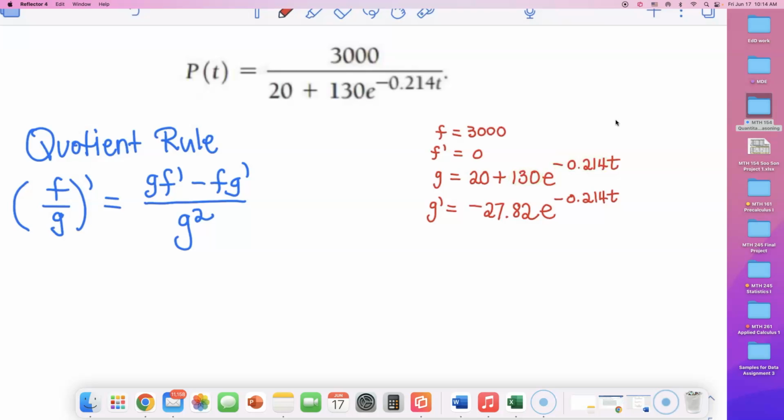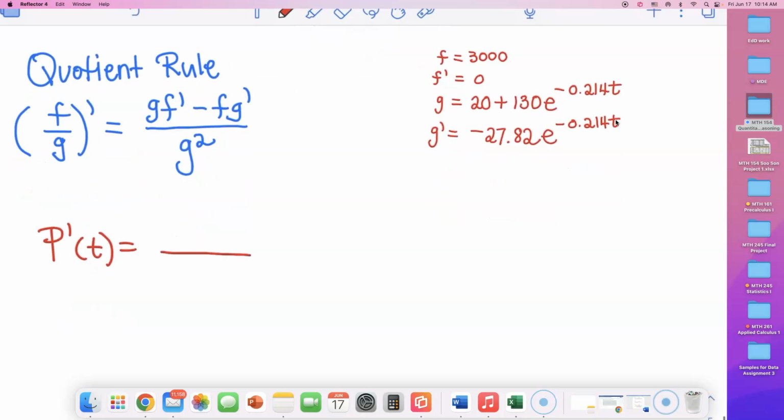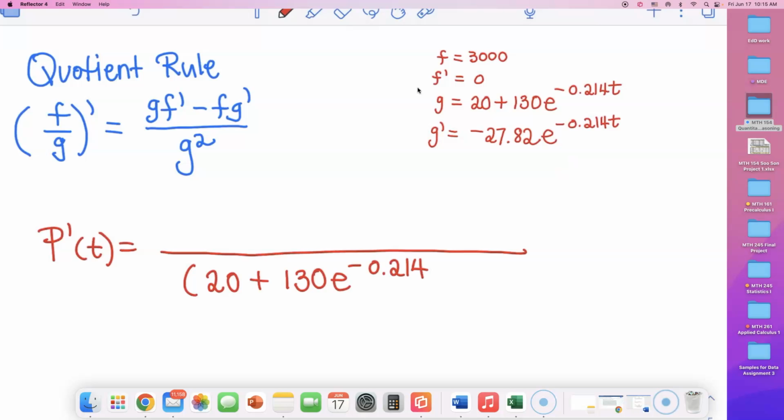So, P prime of t, using the quotient rule, will look like this. I need to have the original denominator squared, so g squared. So you start with that. We write 20 plus 130 times e to the negative 0.214t in the parenthesis, and we're going to square this.